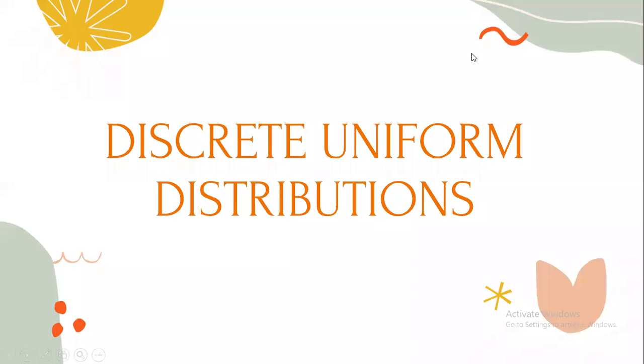So I'm going to start off by talking to you about the example that I started the class off with when I first mentioned discrete distributions, and that is the rolling of a dice. And it's kind of uniform, right? The probability is the same.